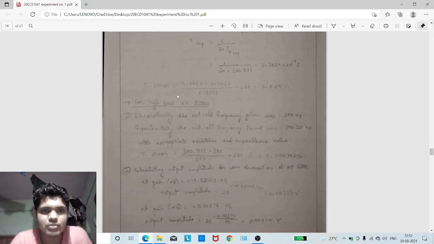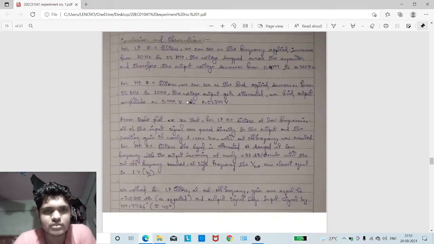We will also find the percentage error, and as we have done the low pass filter, we will also find the same calculations for the high pass RC filter.